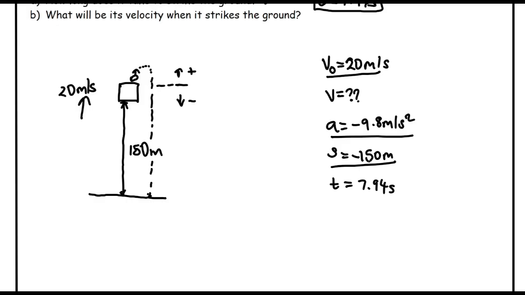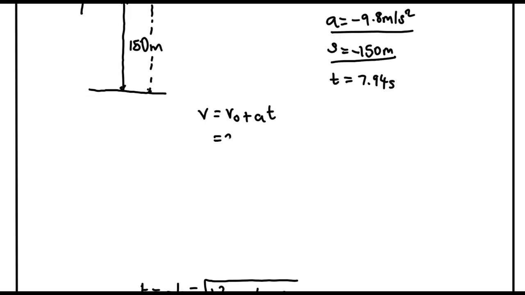What equation can we now use to get velocity? We can use the equation v equals v naught plus at. Our initial velocity is 20 plus acceleration is negative 9.8. Our time is 7.94. This gives us 20 minus 77.